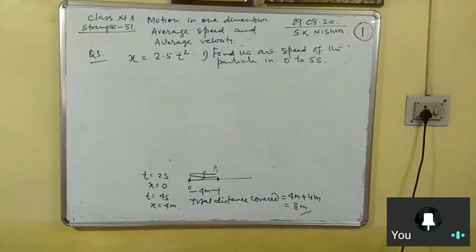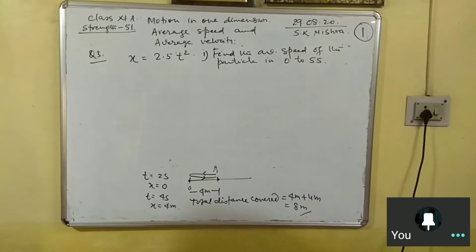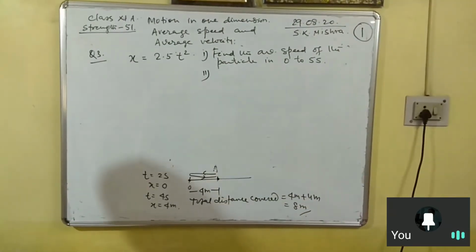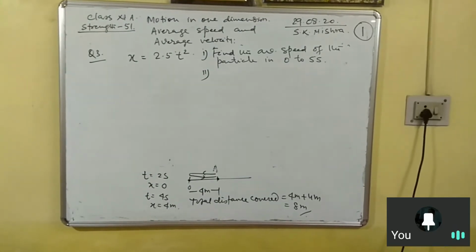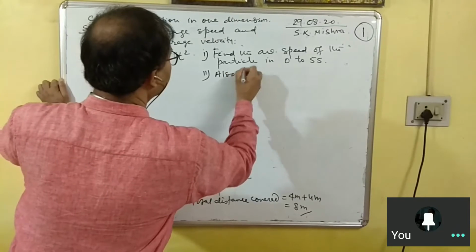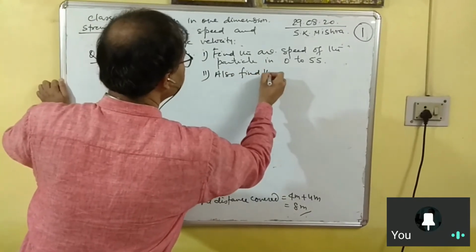The first bit is during the time 0 to 5 seconds. And the second question is, you have to find the instantaneous speed at t is equal to 5 seconds.